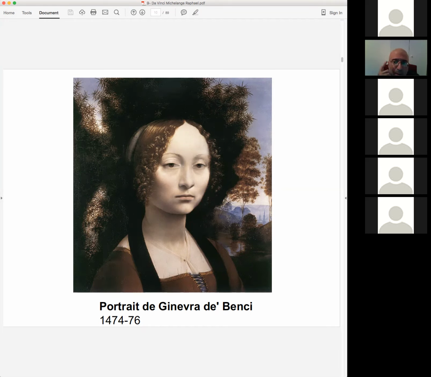When a figure is surrounded by a dark space, as in this case, the light on the figure appears to be coming towards us. So what this does is, in effect, increase the volume.